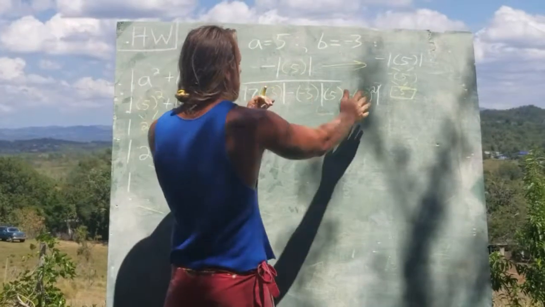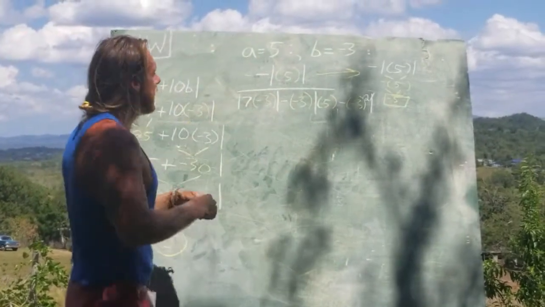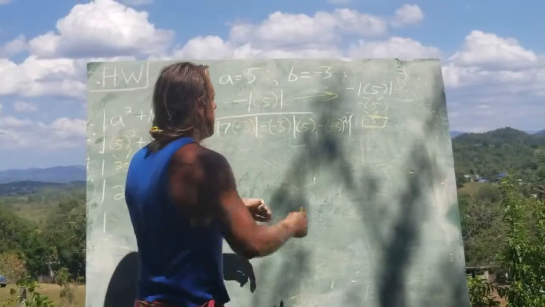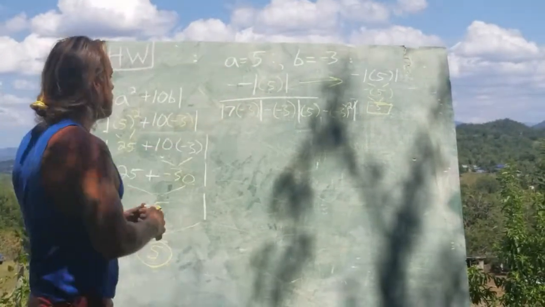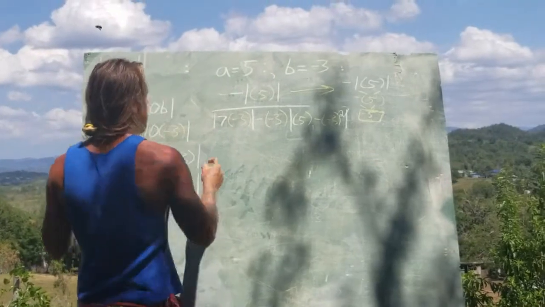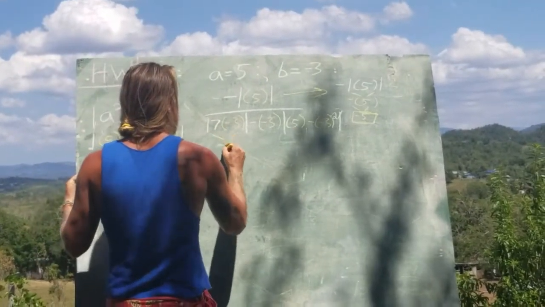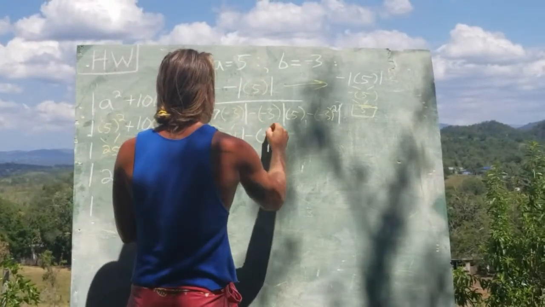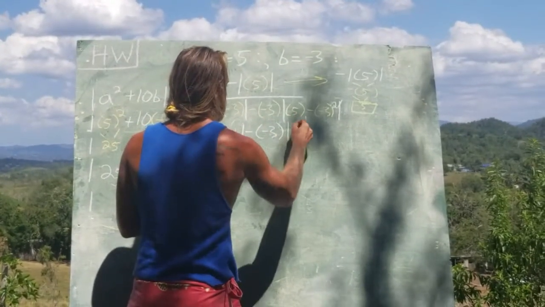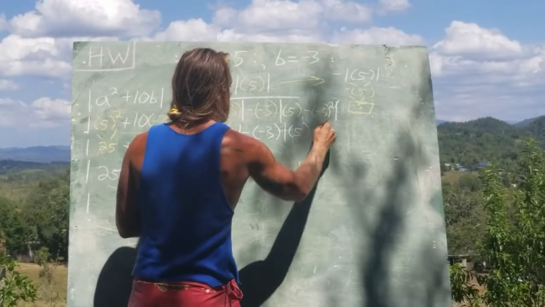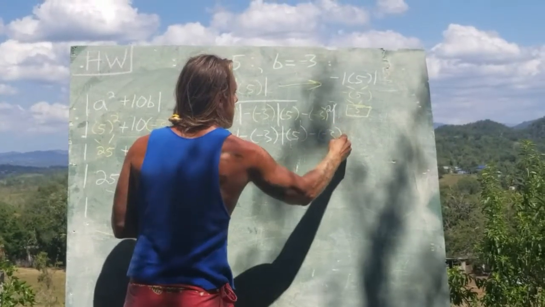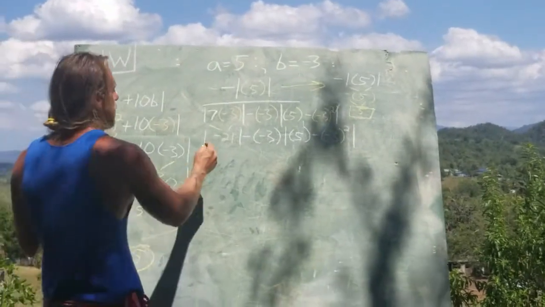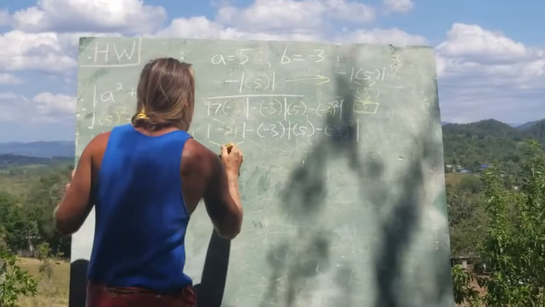We've got multiple operations going on, multiple absolute values. We'll start with this one and work this way. Again, we're working above and below the fraction bar. So 7 times a negative 3 is a negative 21. All right, absolute value of a negative 21 is a positive 21.